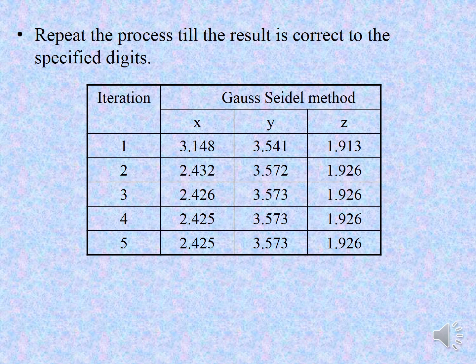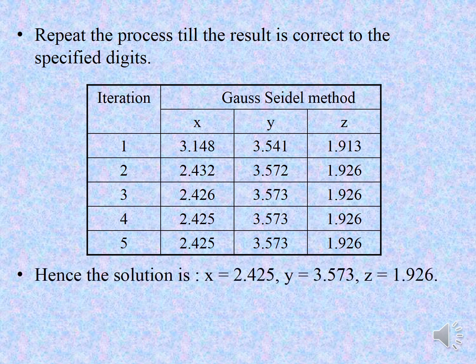So we can stop our iterations and calculations here. We obtained our result: x is equal to 2.425, y is equal to 3.573, and z is equal to 1.926. So this example is now complete and we can stop here.